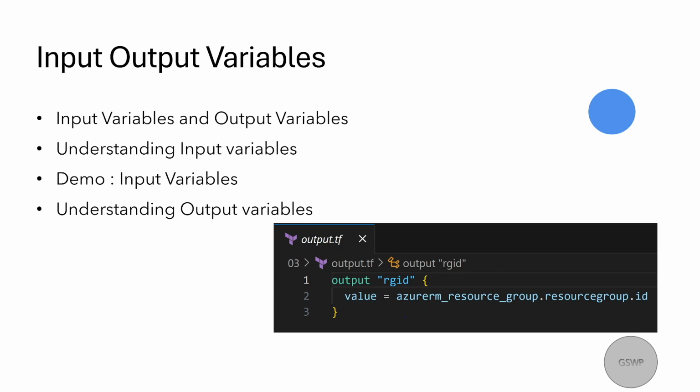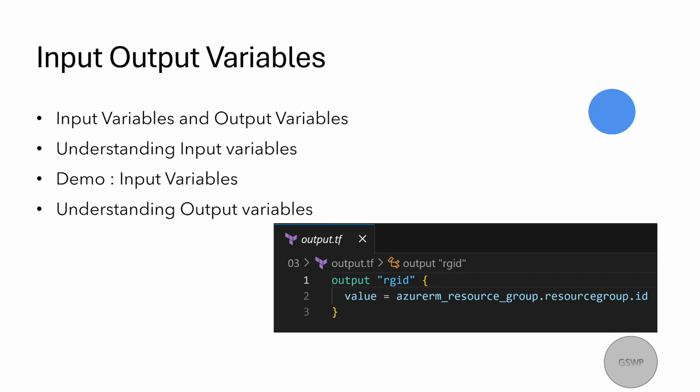We understand the input variables, we know how to define input variables and how to use those input variables in our IaC. Now comes the output variables. What exactly is an output variable? Whenever we create any resource, that resource will have some properties in it. For example, let's take a resource group.